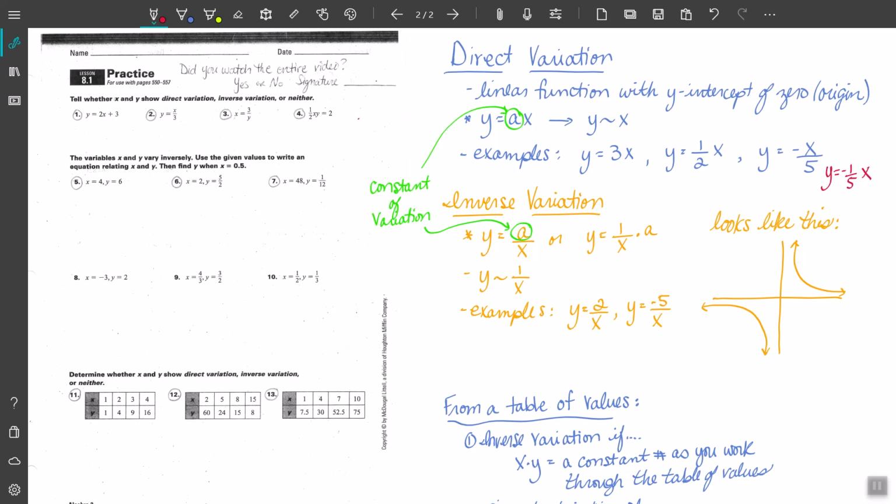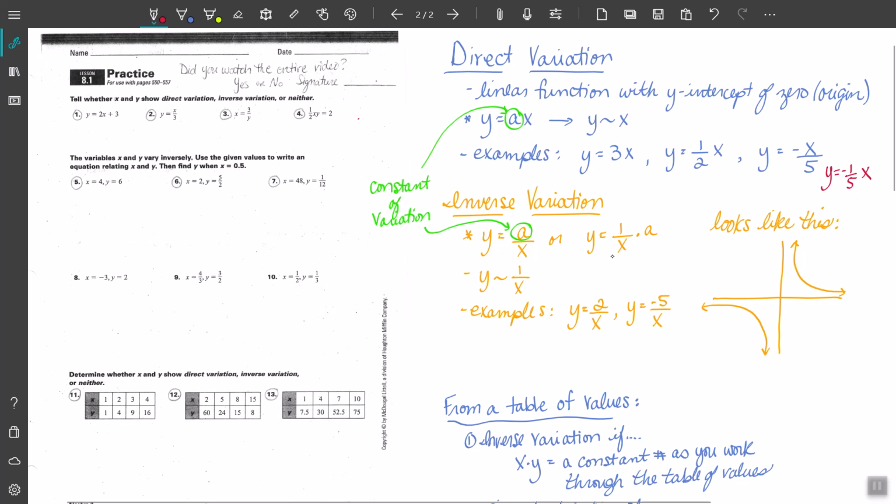The new concept is inverse variation. So in inverse variation, y is not varying directly with x, it's varying inversely. We still have the idea of a constant of variation, so we've got that here with a in the numerator, which is actually divided by x instead of being multiplied by x as in direct variation.